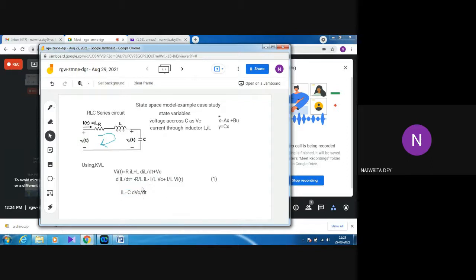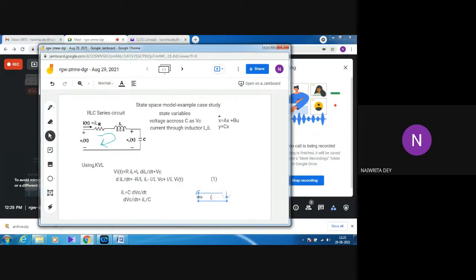Again we have to take the dVC/dt term to the left hand side. By rearranging and keeping the first order derivative term, dVC/dt equals IL by C. So this is our second equation, equation number 2.